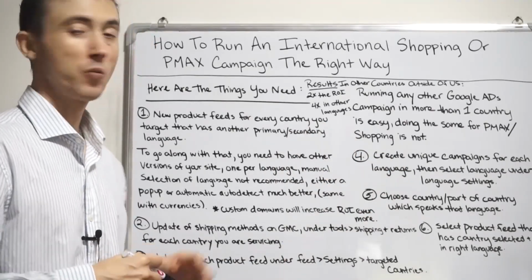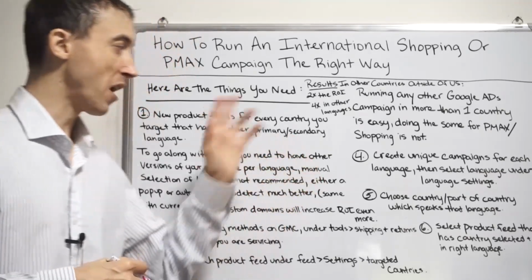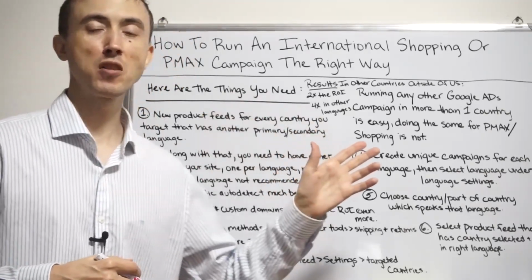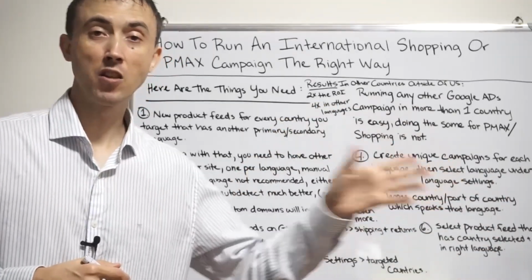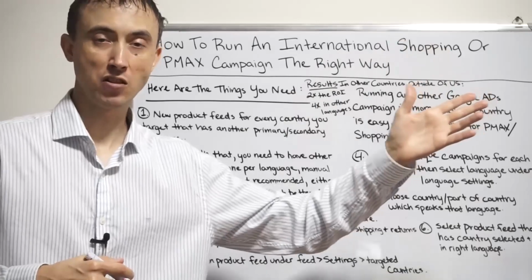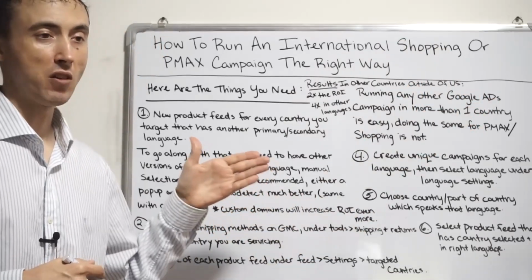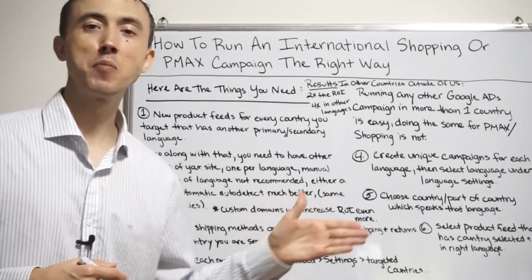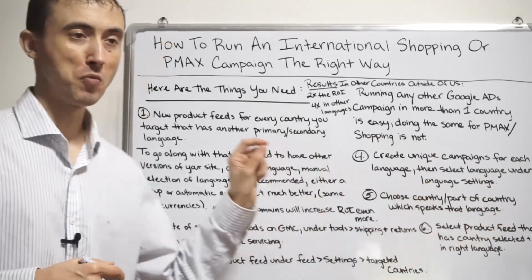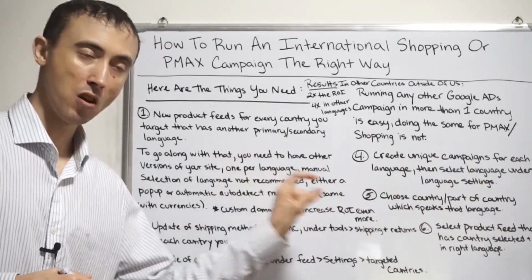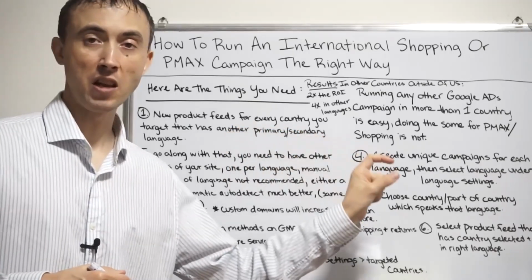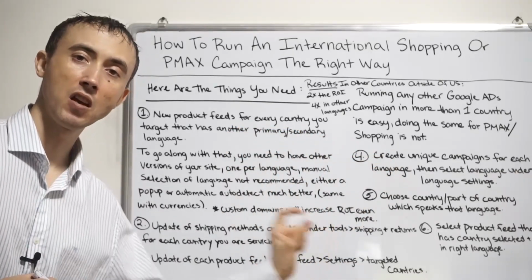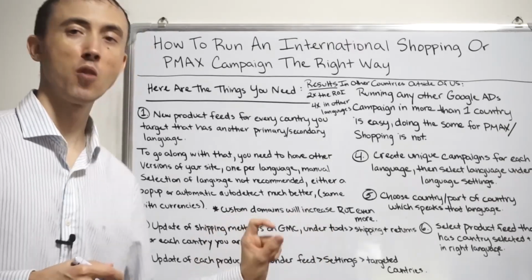The culmination of everything I said is that it's not so much about targeting other countries. If you're going to go all the way with this and target everybody internationally, you'll ultimately have separate campaigns that target people who speak different languages. There'll be a campaign just for English speaking, one for Spanish speaking, one for Russian, one for German, and so forth.